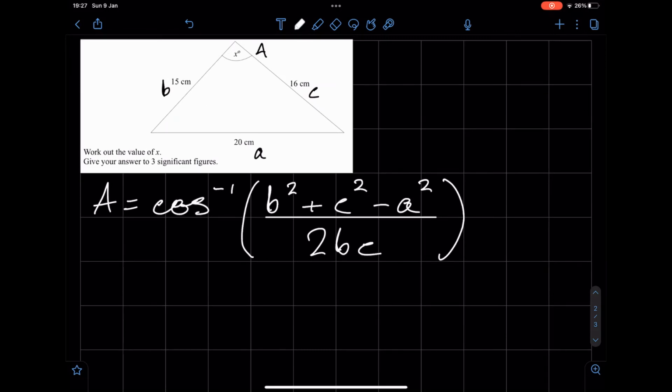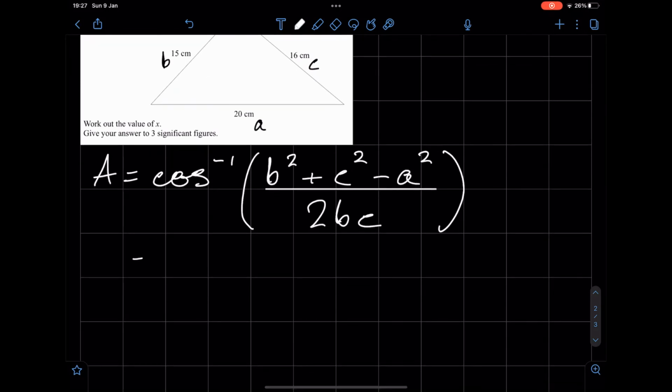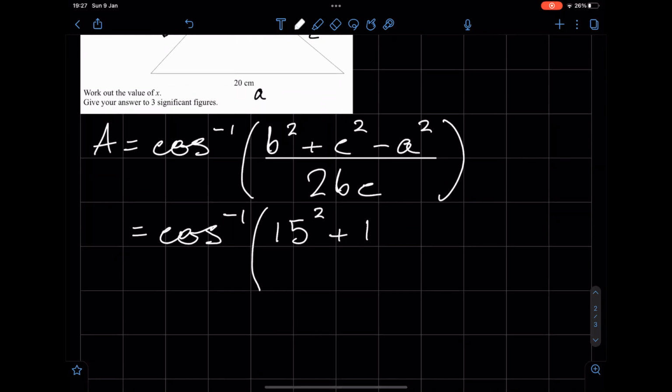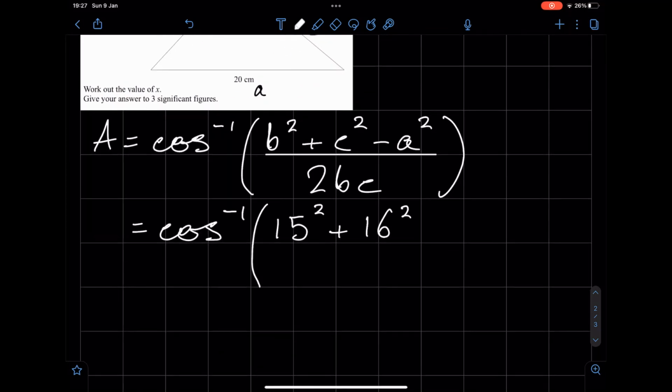Now, if we substitute in our values, b is 15, so it's cosine to the minus 1 of 15 squared plus 16 squared for c. a is 20, so it's minus 20 squared.